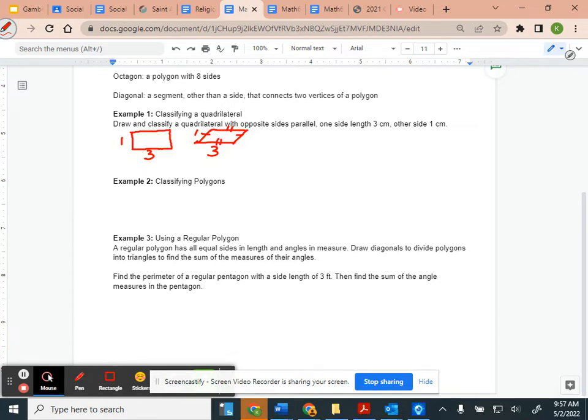Number 2, classifying polygons. So I was trying to find examples to put on here, and I was having a hard time finding good examples, so I'm going to have to draw them for us. So this is 10.4.